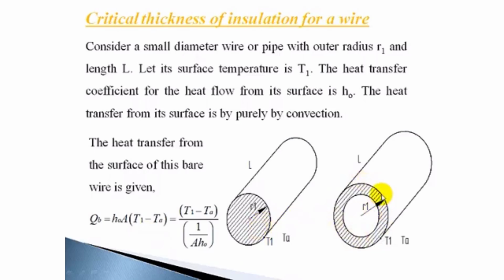We are only considering, when the temperature of the outer surface is T1, how the heat flows from the outer surface to the surrounding. You can rearrange this equation: T1 minus TA divided by, bringing h0 A to the denominator, you will get 1 by A h0. So that is the heat transfer from the bare wire. The heat transfer is given by T1 minus TA divided by 1 by A h0.